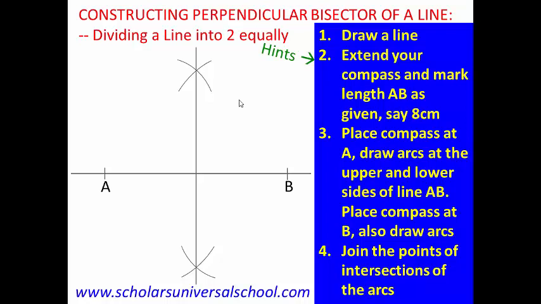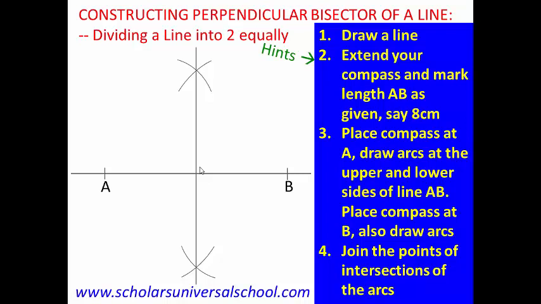The word perpendicular means 90 degrees. It means that the perpendicular bisector of AB must divide AB into two equal halves and at an angle of 90 degrees. So the angle between this line and this line will be 90 degrees. So it becomes a perpendicular bisector.